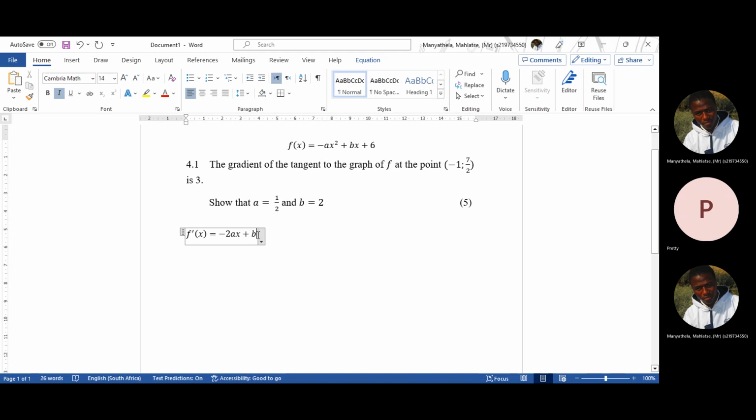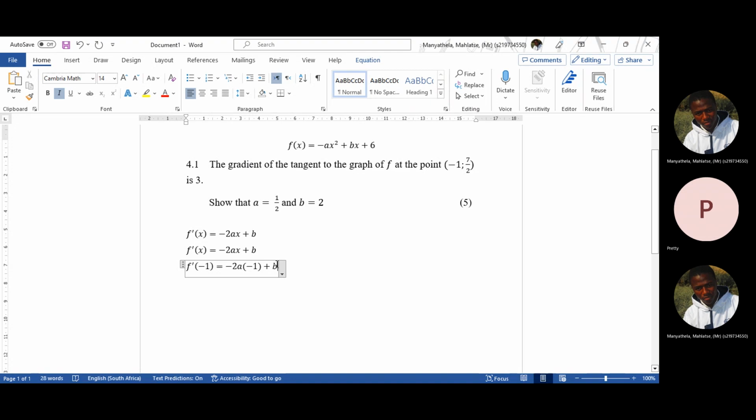Remember that we were told that the gradient of the tangent to the graph of f at the point where x is -1 is equal to 3. So we are going to replace x by -1. Where we see x, we replace it by -1.